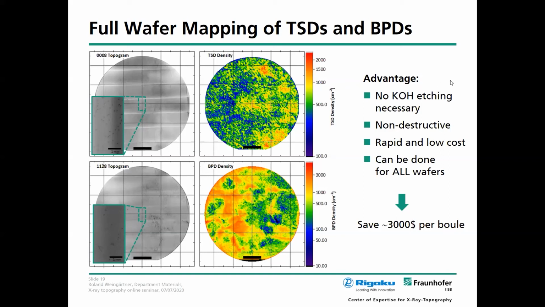More important in my opinion is the big advantage you have, because usually if you want to process an epi-layer, you want to have information about this defect distribution. And usually what the crystal growers do is make KOH etching of the wafer, and this is a destructive method.